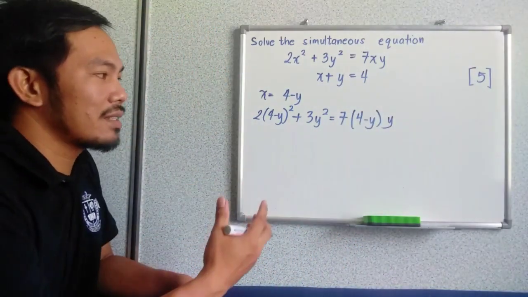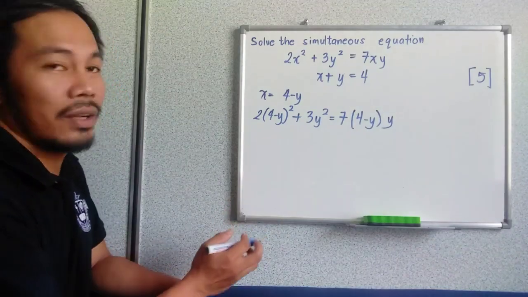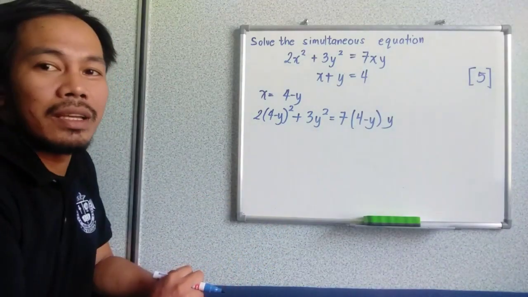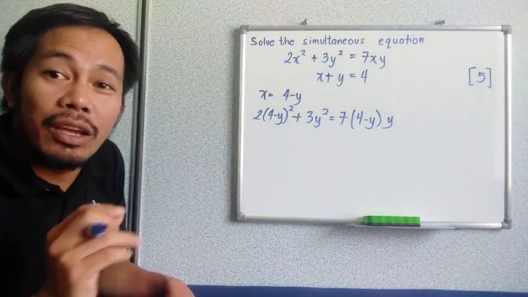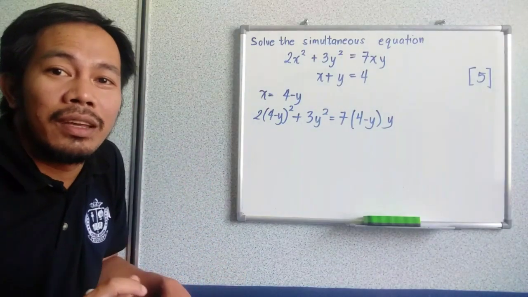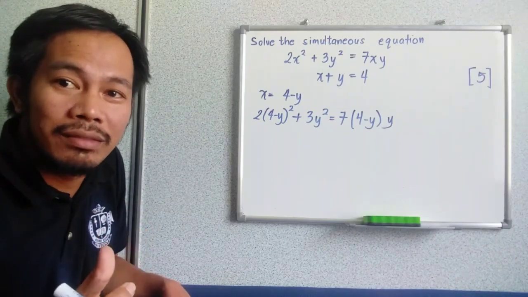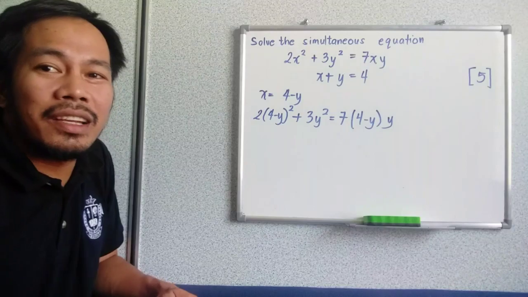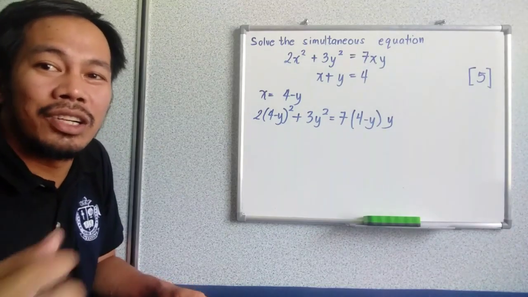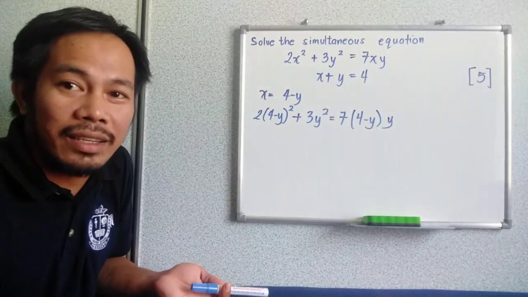Next thing that you need to do is expand the whole thing. Of course, you will come up with a quadratic equation for solving y. Since I am solving for y, each value of y has a corresponding value of x.